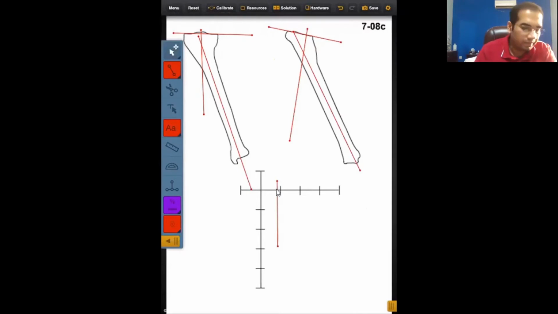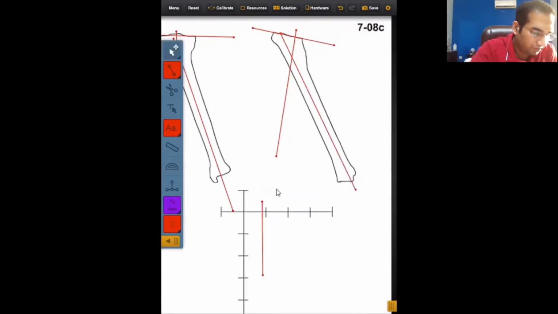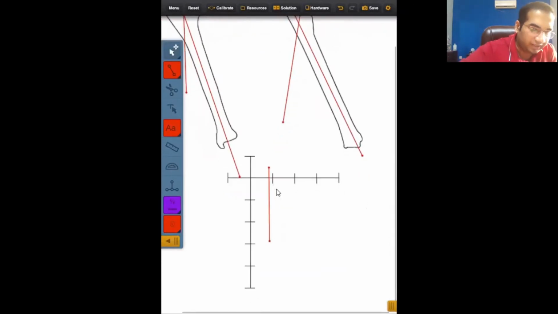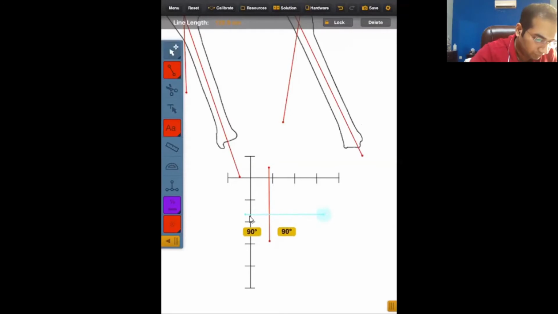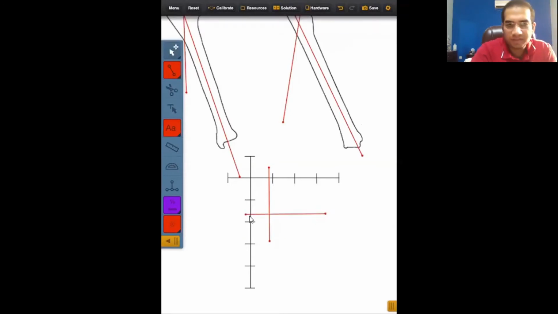You'll first measure it, and it was 35 degrees over here. So we decided that this is a 20-degree mark, this is 30 degrees, and 35 is somewhere over here. So this is the exact location of the deformity.